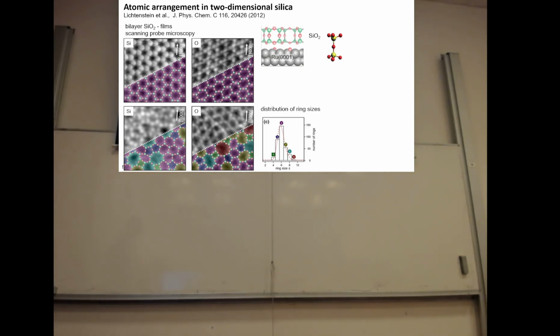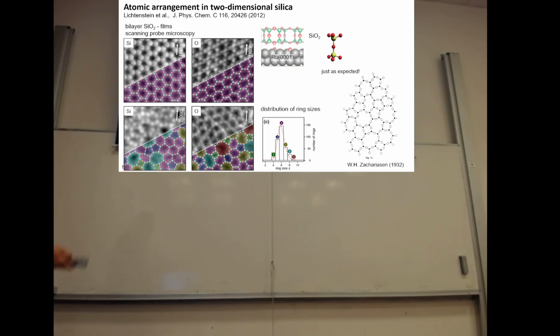You can see both versions. In the crystalline version you nicely see these hexagons when you focus on the silicon layer, or the oxygen, and everything is just as predicted from crystal theory. However, in the amorphous material you can now see that we have these different ring sizes, which is pretty similar to what was seen by the inner eye of Zachariasen.